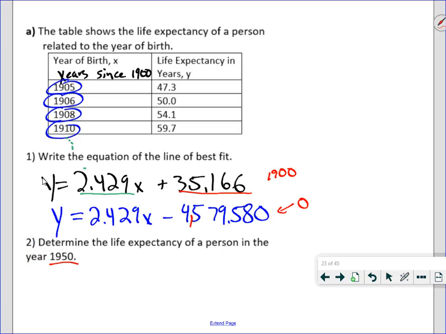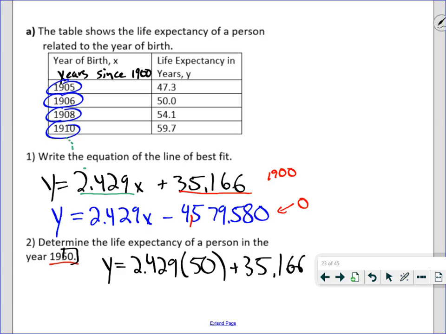So in number 2, what you would do is use my equation. Since I did years since 1900, my equation is y equals 2.429 times 50 plus 35.166. And if you put that in, you should get a life expectancy of 156.616.